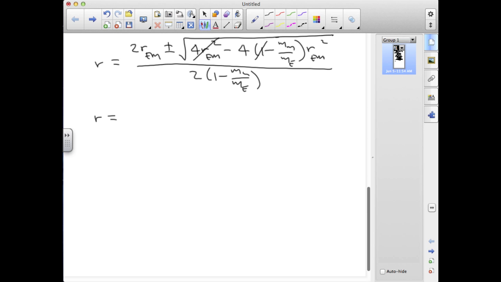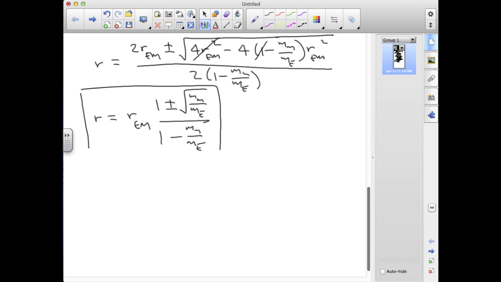So we'll end up with the separation distance times 1 plus or minus the square root of this mass ratio. That's going to be the values of the separation distance that correspond to these gravitational attractions between these two bodies being equal.